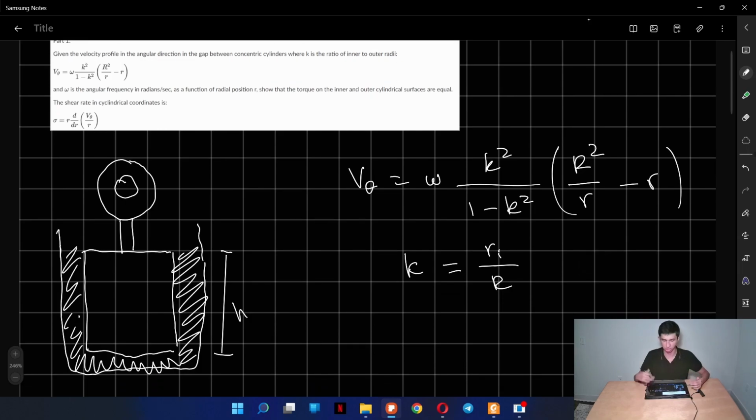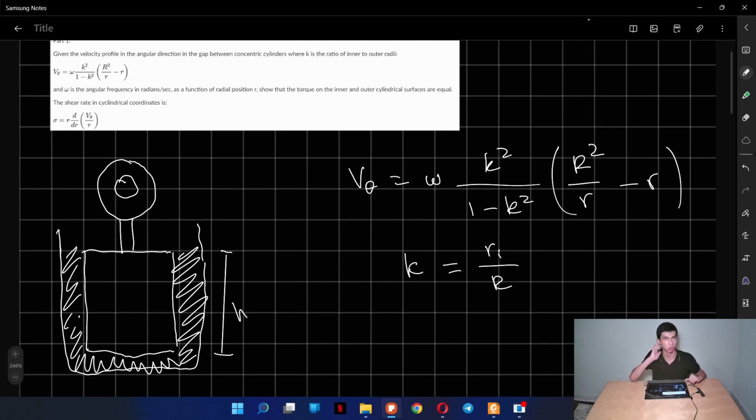Now we're going to start proving that the torque on the inner and outer cylindrical surfaces are equal. Before that, let's look at what's actually happening in our question. It's very similar to stirring something inside a cup: because of the liquid's motion, the cup also starts to move.